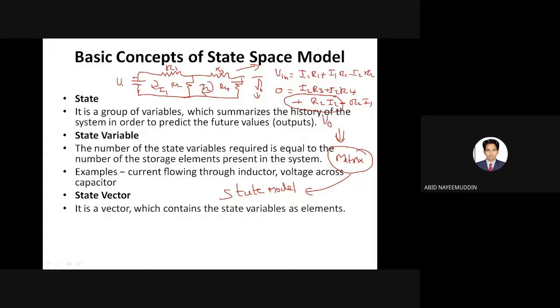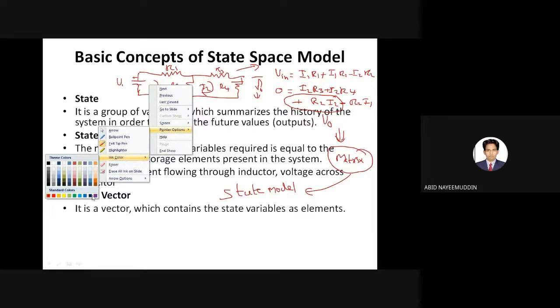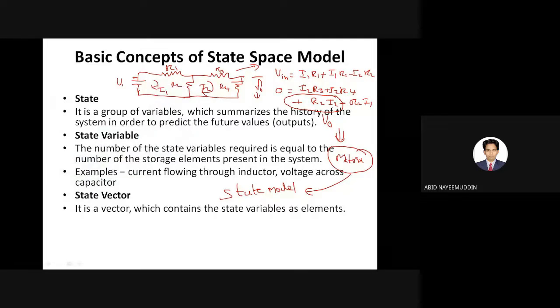In this given circuit, R1 is an element. The elements in the circuit are R1, R2, R3 and R4. And what about variables?